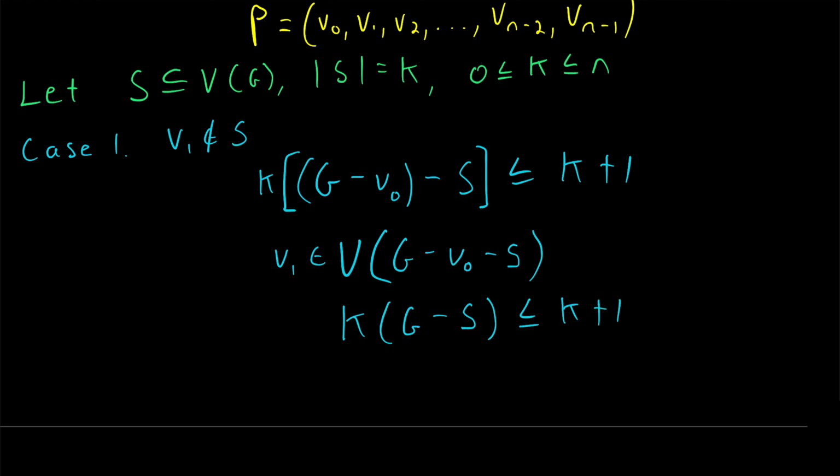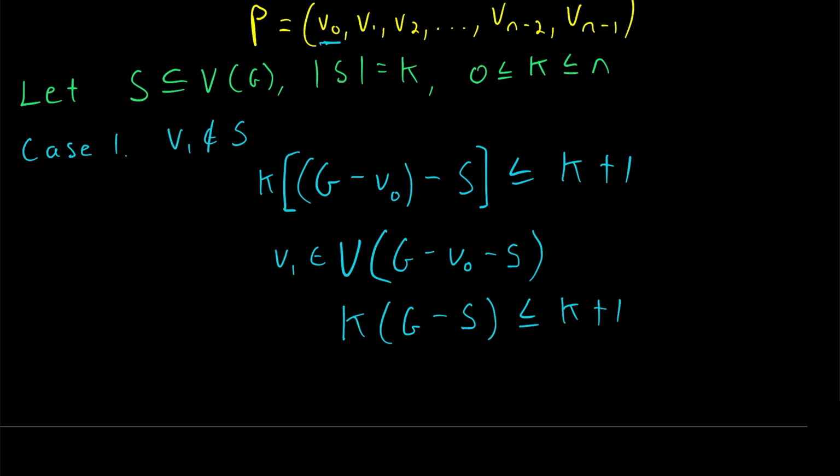And we know that because if V0, the first vertex of our Hamiltonian path, is not an element of S, then it will be in G minus S, and of course it will belong to the same component as V1, because V0 is adjacent to V1. So going from G minus V0 minus S to G minus S will not increase the number of components, since again, some component of G minus V0 minus S contains V1, and V0 will just be in that component because it's adjacent to V1.